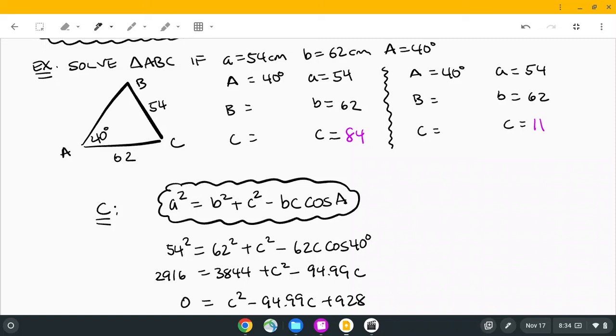So let's fill in 93 degrees over here. Then you can get angle B because these three should add up to 180. So angle B equals 180 minus 40 minus 93, and that comes out to be 47.